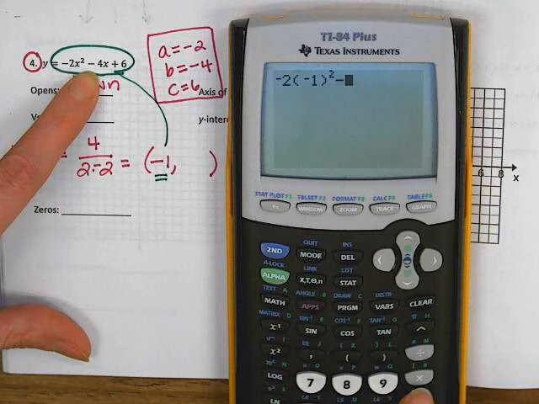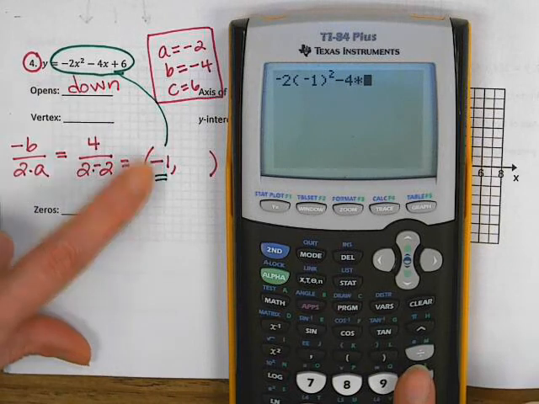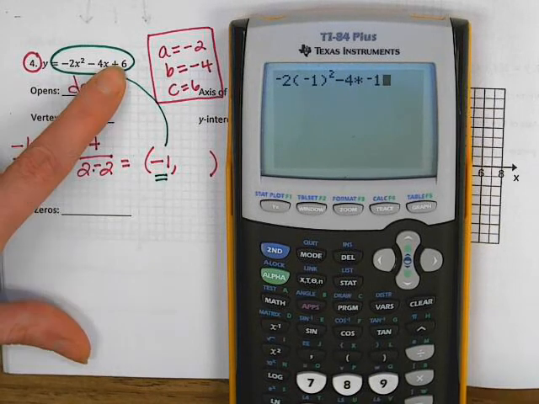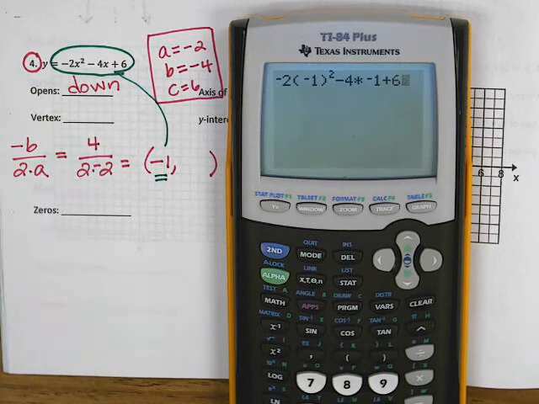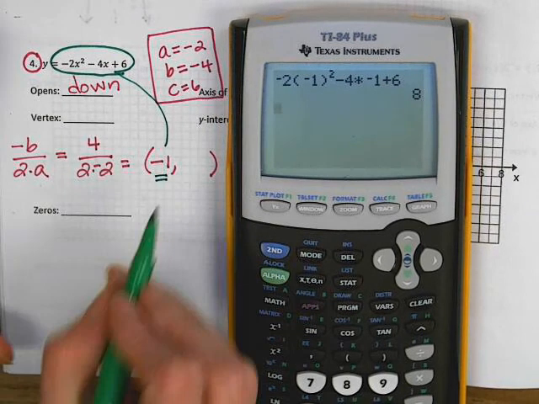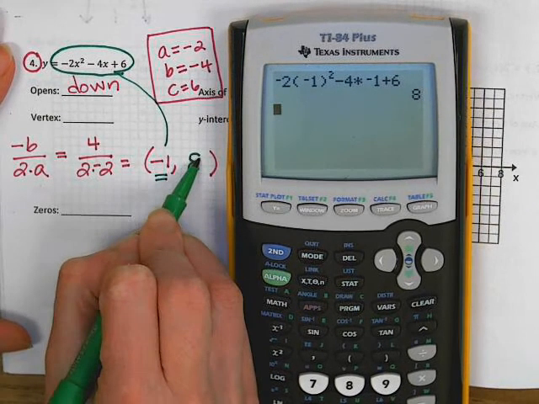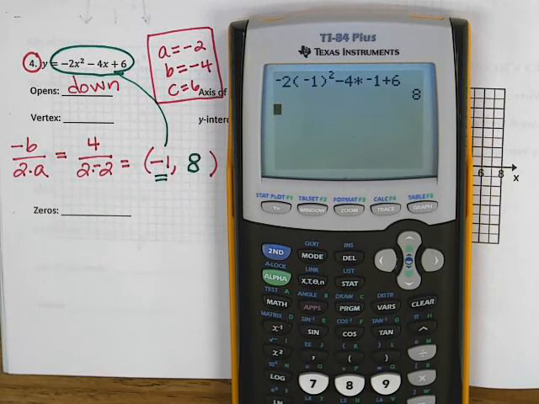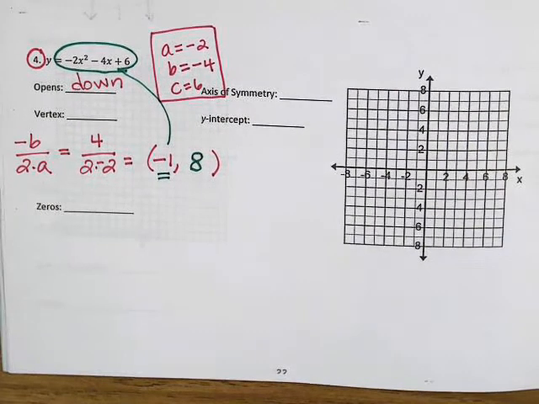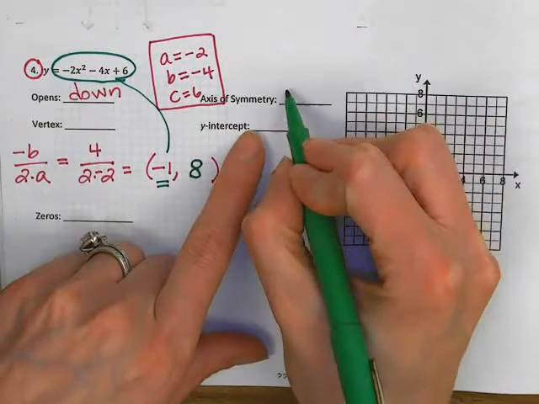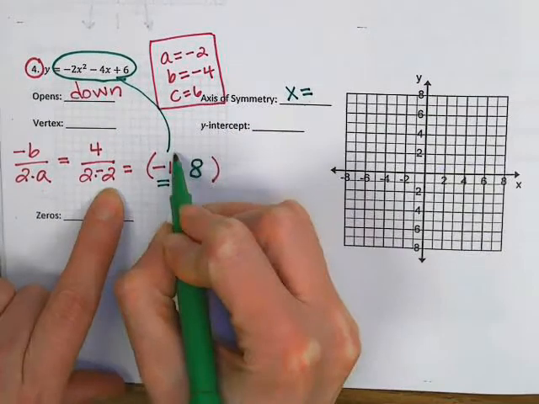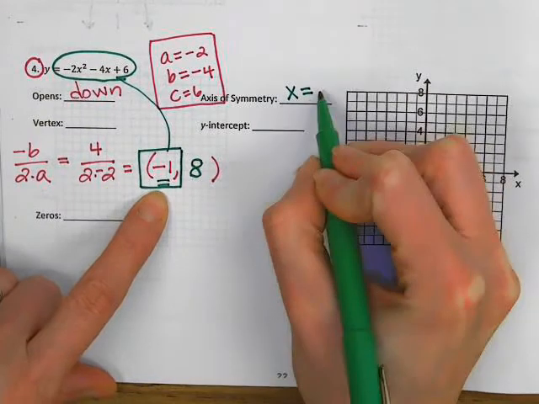And then subtract 4 times negative 1 plus 6. So hopefully you guys got 8. So vertex is at negative 1 comma 8. And then line of symmetry is x equals the x value of the vertex again, so negative 1.